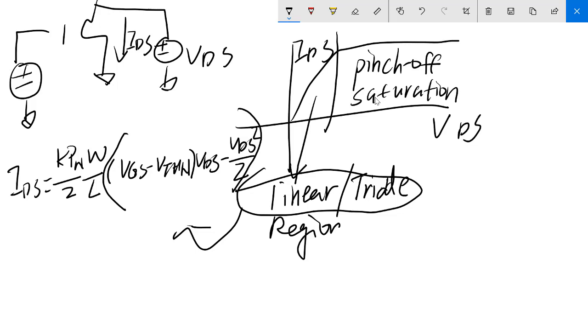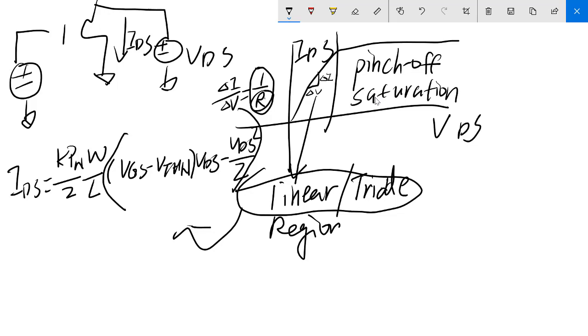Linear means it has a constant slope, and the slope here is delta I over delta V, which is 1 over R. So if delta I over delta V is a constant, then 1 over R is a constant, and R is a constant as well. So it performs like a resistor.